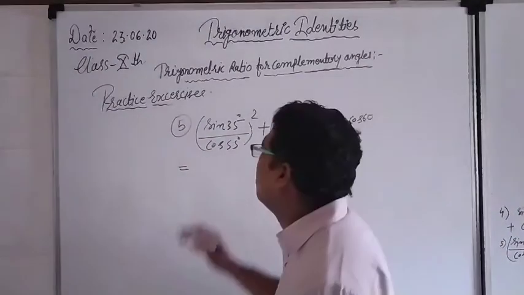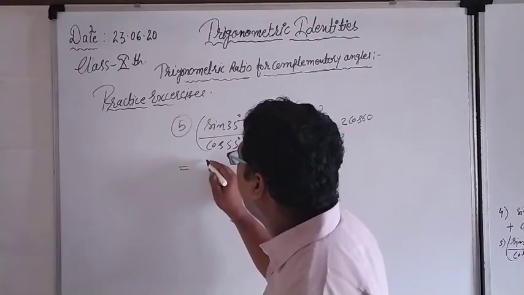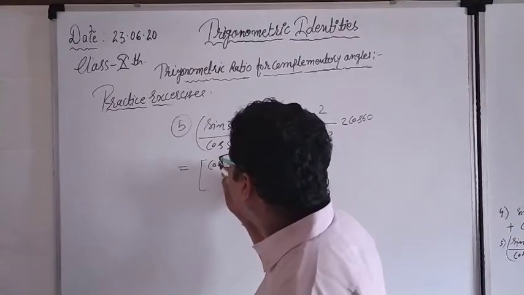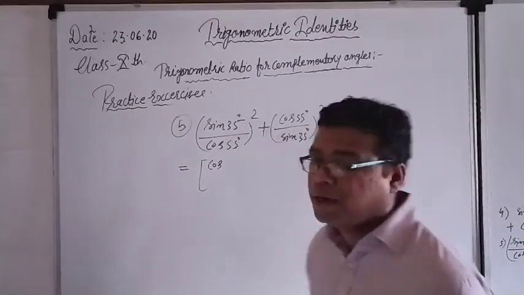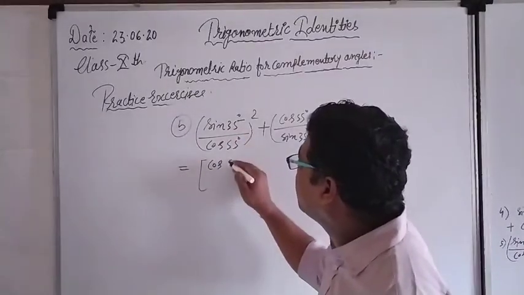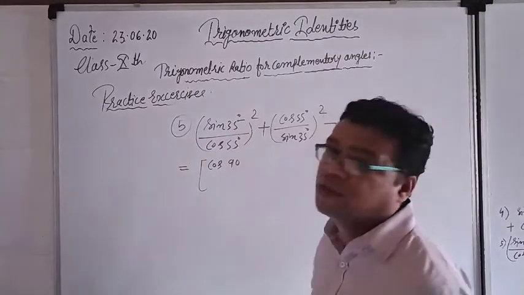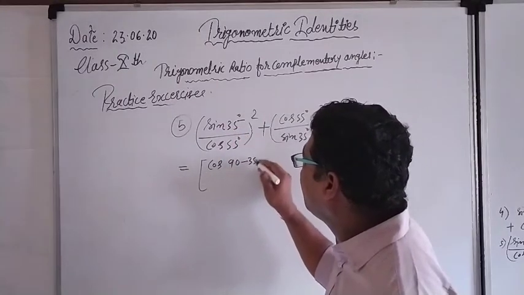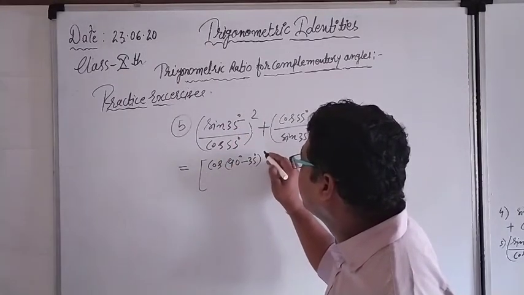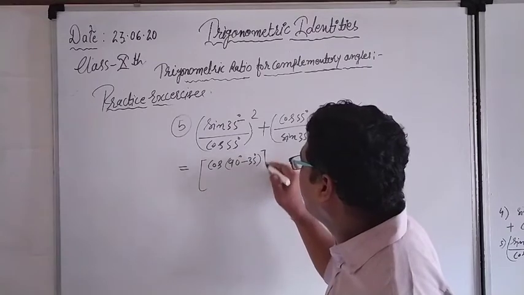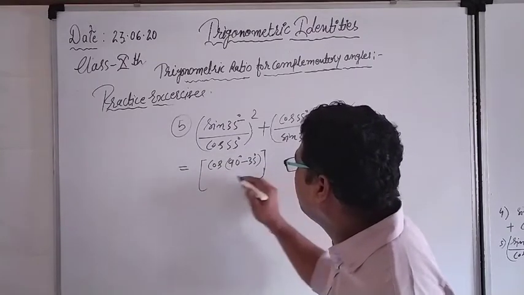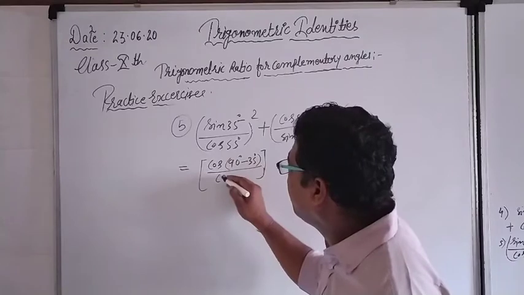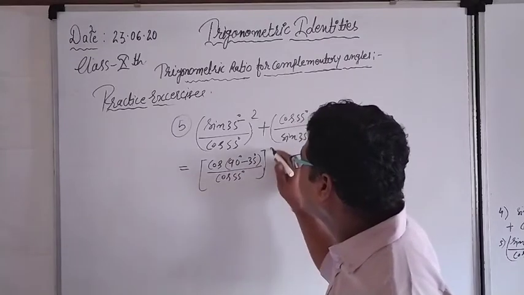Look here how. I am going to change sine 35 into the form of cos, so I will take the help of a big bracket. Sine theta can be written as cos of 90 minus theta, so sine 35 is cos of 90 minus 35 degrees, and the square I will put outside, upon cos 55 degrees square.